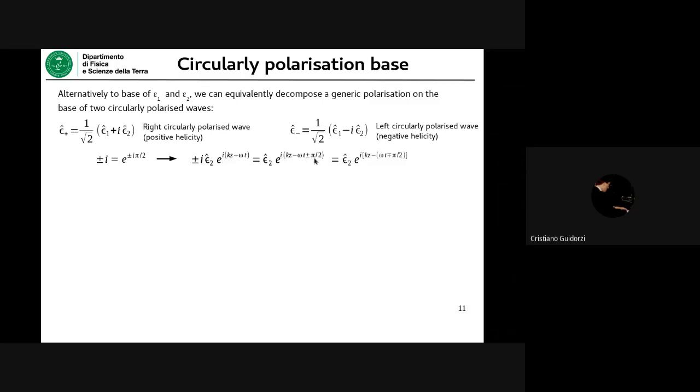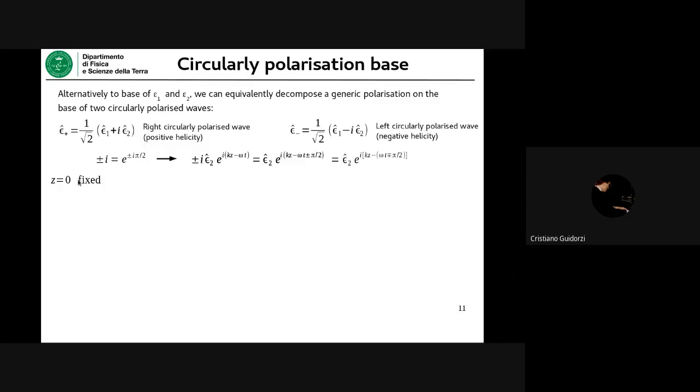Just like that. So in particular, if you collect i, it means adding, for a fixed z, so if you fix a point in space, it means that just multiplying by this guy is kind of adding or removing 90 degrees phase. So it's interesting just to see why indeed one is right circular and left circular polarization wave.